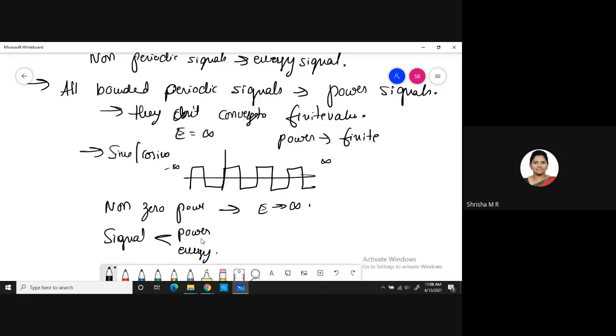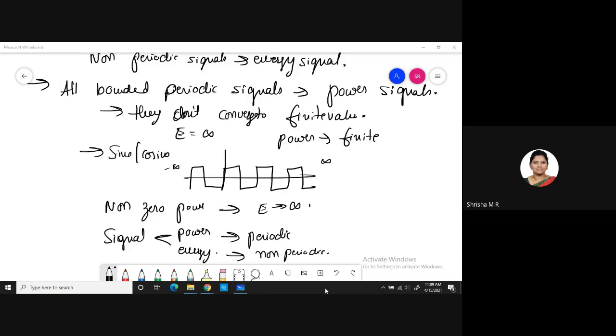Okay, so I have told you periodic signals are power signals and non-periodic signals are energy signals. What is the best example of a non-periodic power signal? There is an exception case. For non-periodic signals you'll find power only for one exceptional signal, that is the unit step signal.